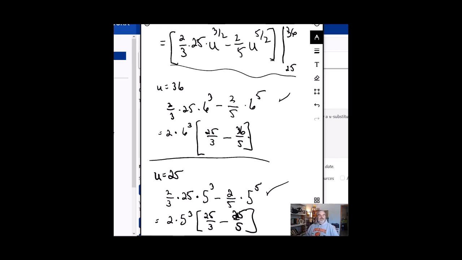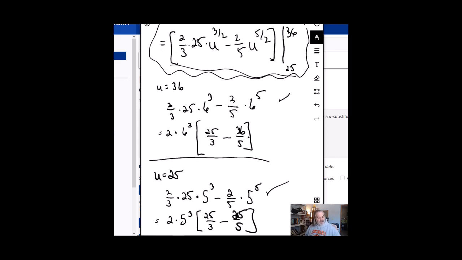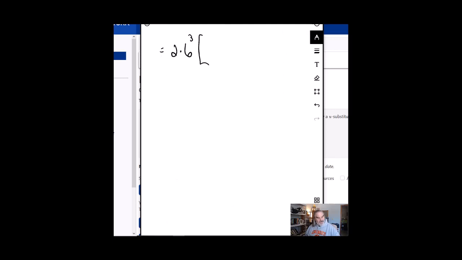Whew. Okay. And now we have to subtract these two results, because remember, we are working on the fundamental theorem of calculus, and we are plugging in the endpoints of 25 and 36 and subtracting. So 2 times 6 cubed times 25/3 minus 36/5.